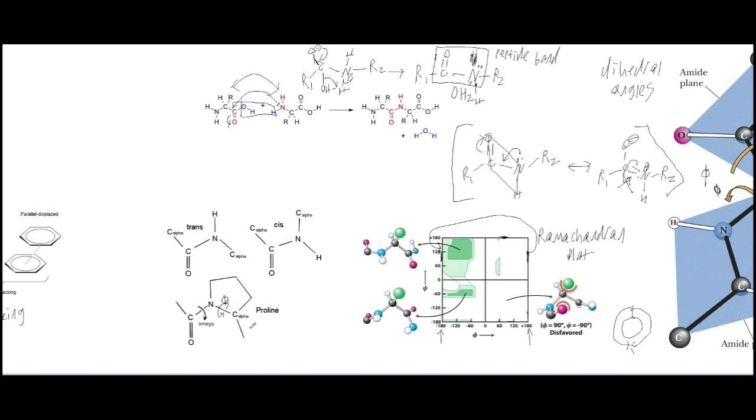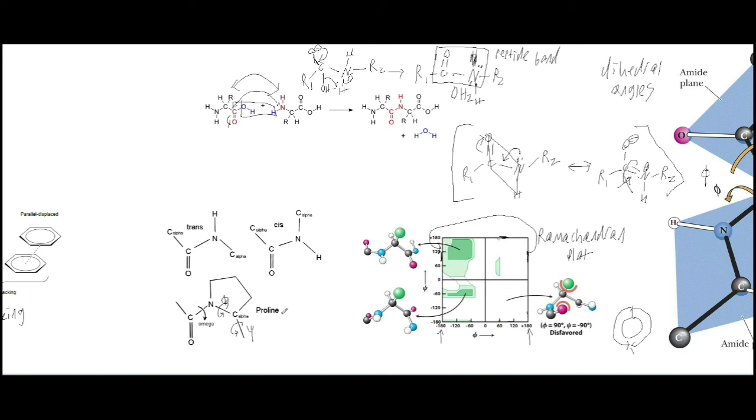So this right here is the psi angle. We can still move a little bit as long as we're in these allowed ranges here on the psi angle, but the phi angle is constrained by the fact that proline has this ring here.